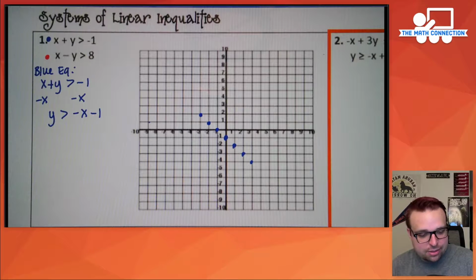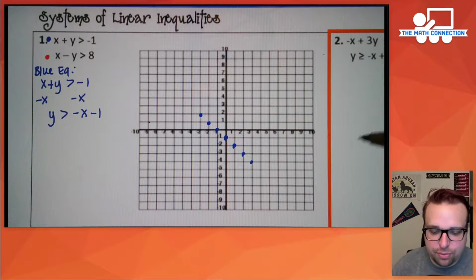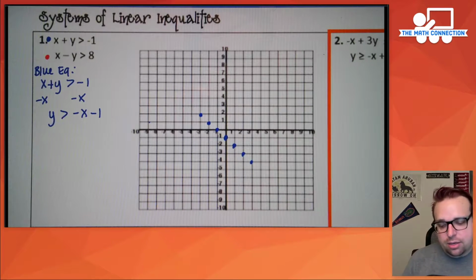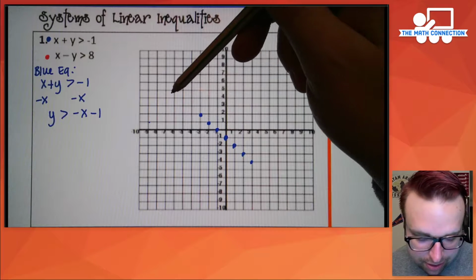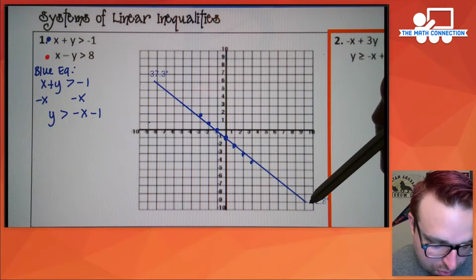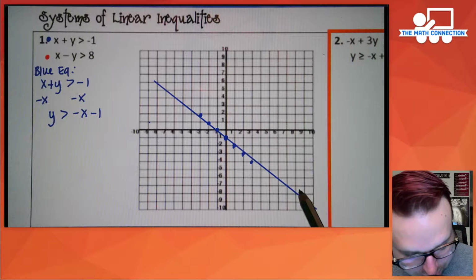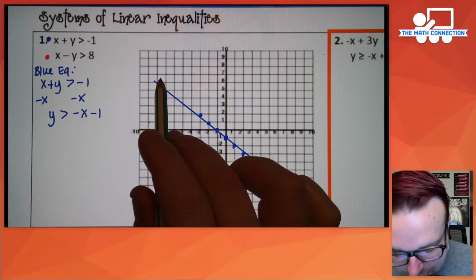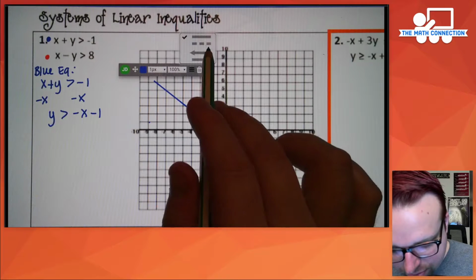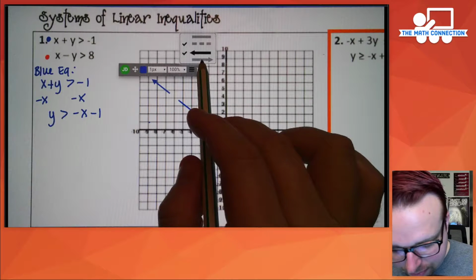Can I make it dashed through here? Apparently, I cannot until I actually draw it. So whatever, let's just draw it. Ooh, that's like a terrible line. So let's fix it, right? First of all, it's dashed.